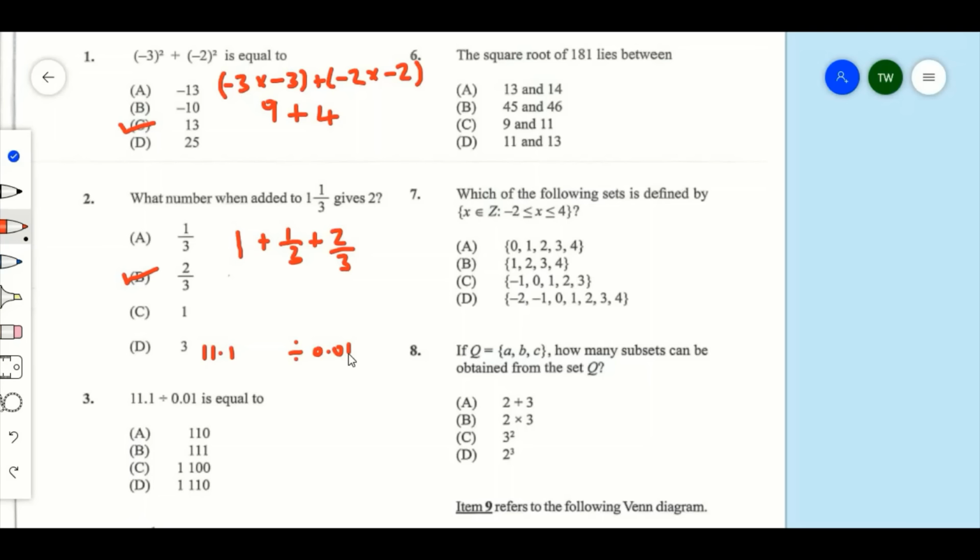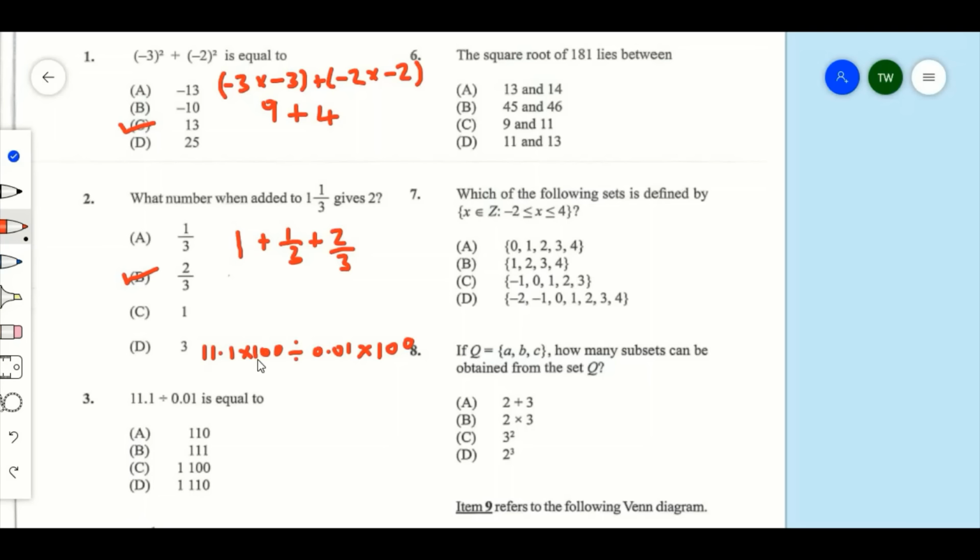What can we multiply the divisor by to give us a whole number? We can multiply the divisor by 100, right? And if we multiply the divisor by 100, we have to multiply the dividend by 100 to keep the question an equivalent question, right?